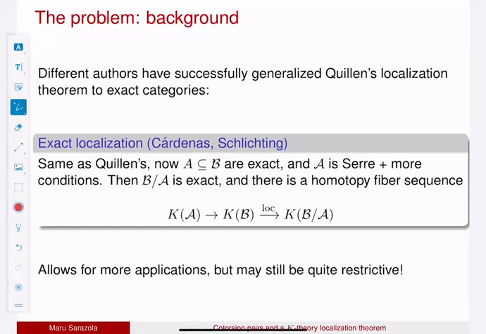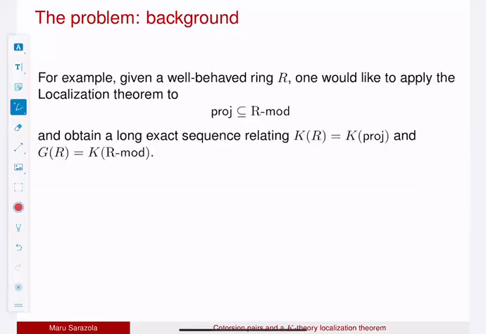Okay, so that's great. That sounds like exactly what I wanted. It definitely allows for more applications because now we can use exact categories, but it still may be quite restrictive in practice. So let me tell you what I mean by that. So now we have a localization theorem that works for exact categories.